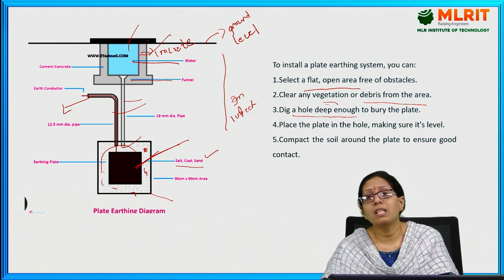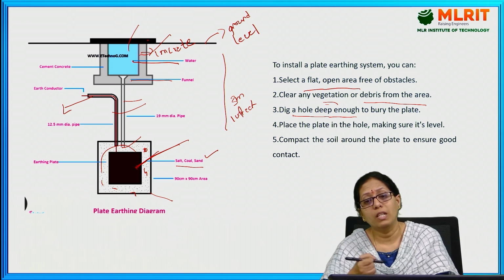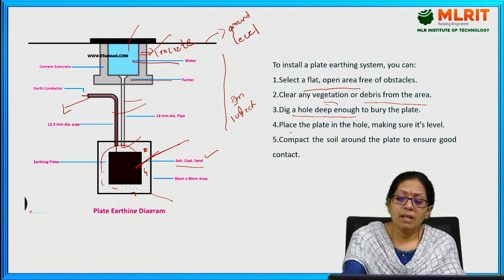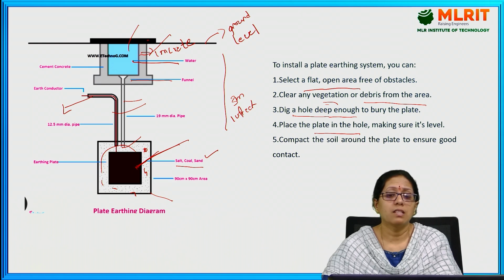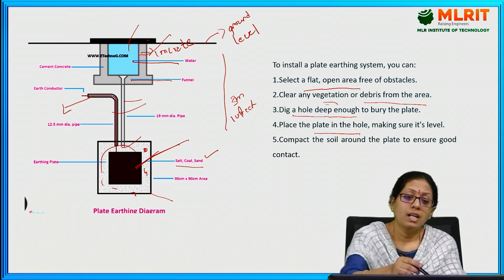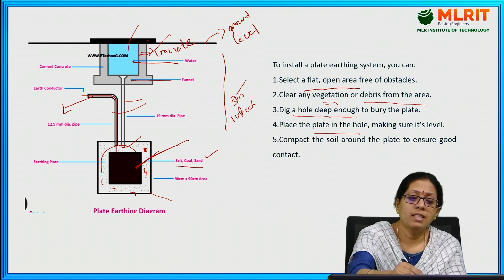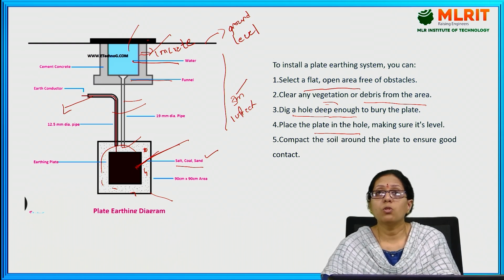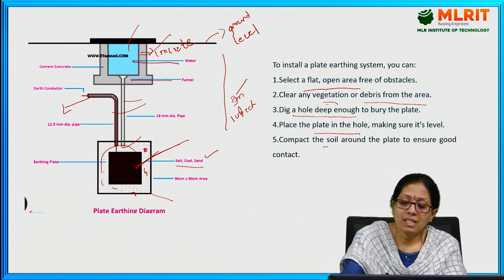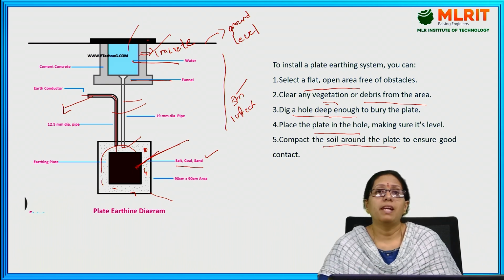So for placing all these, first we need to dig and place the plate into the hole, making sure about the depth or the length, and compact the soil around the plate.